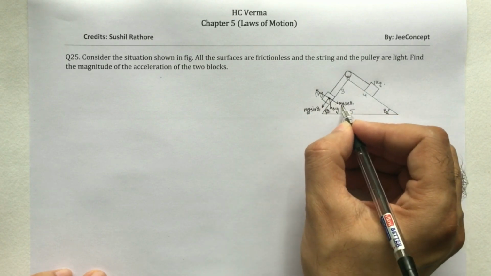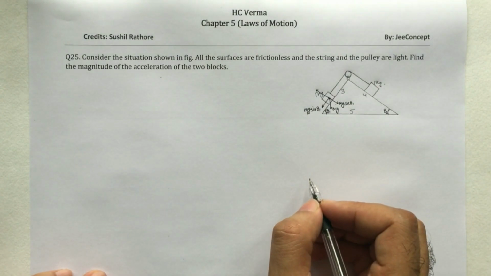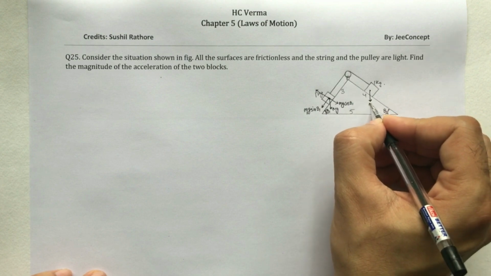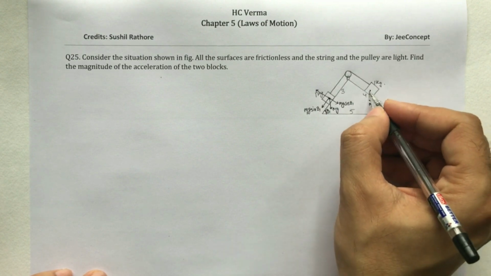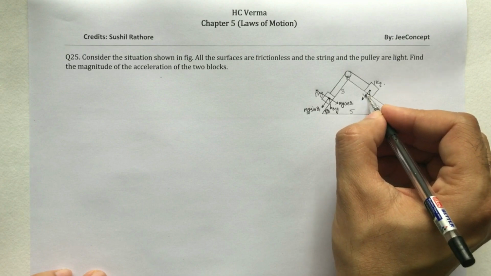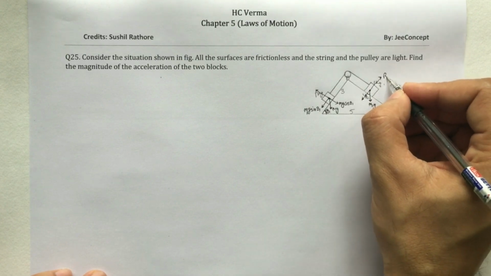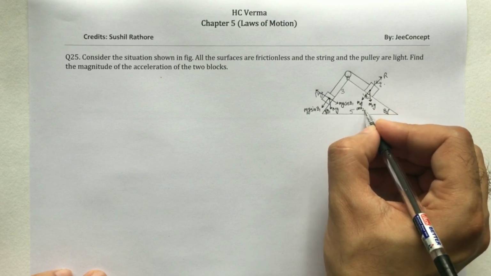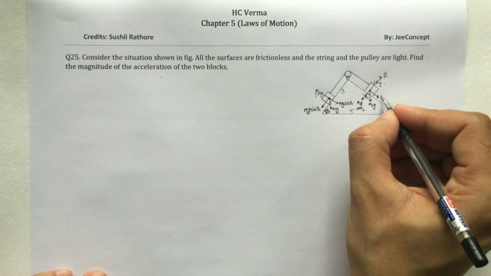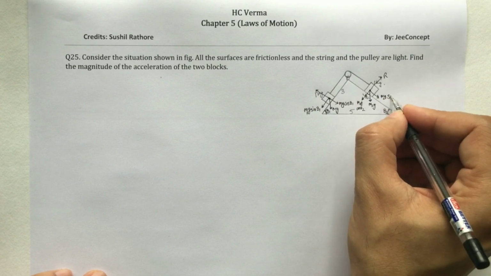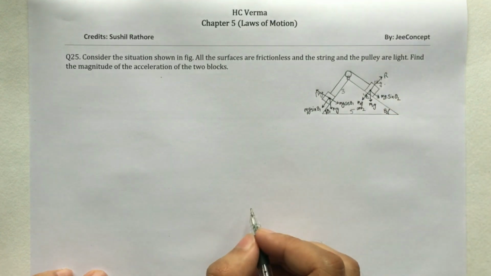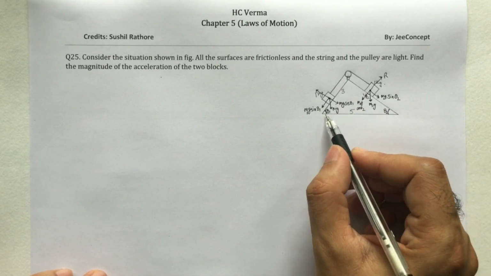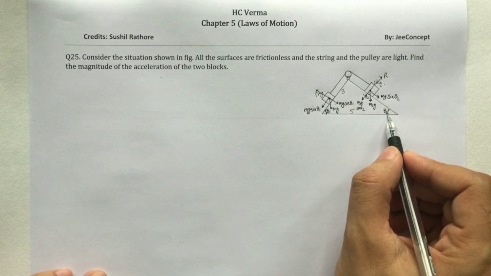Similarly, m2g acts downward, this is theta 2, and there is a reaction force R here. So this is m2g cos theta 2, and another component m2g sine theta 2. So the first challenge is to calculate theta 1 and theta 2.